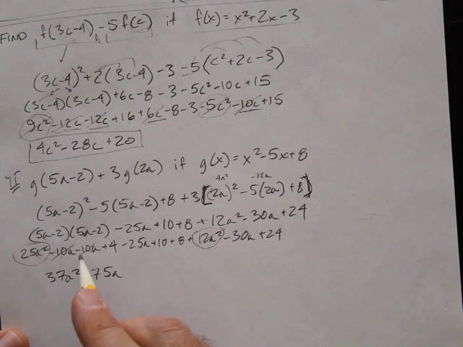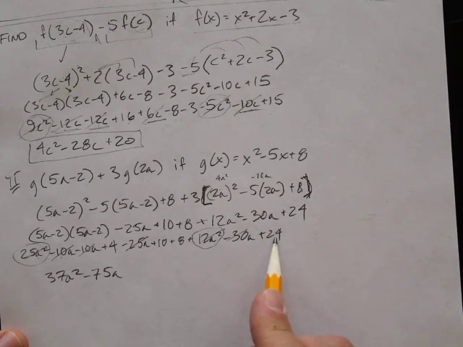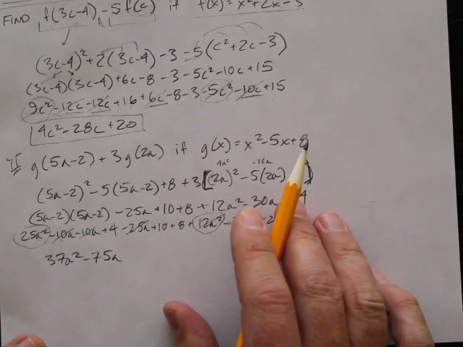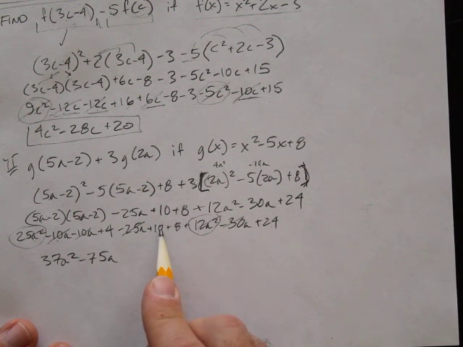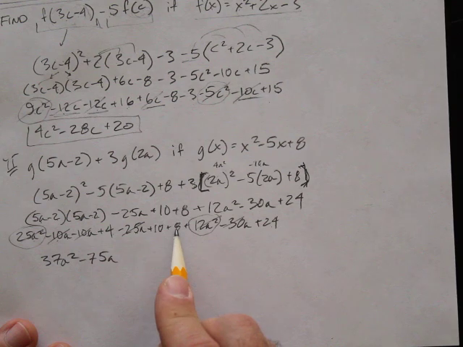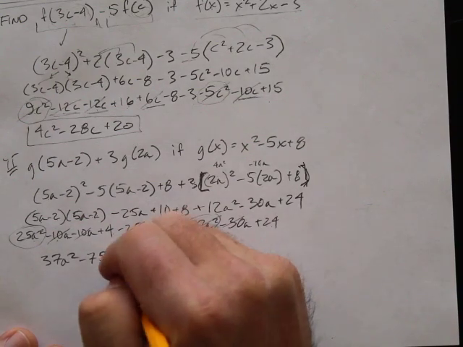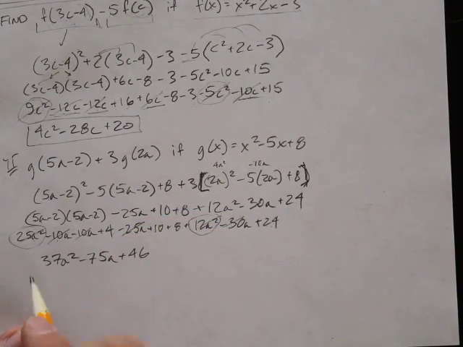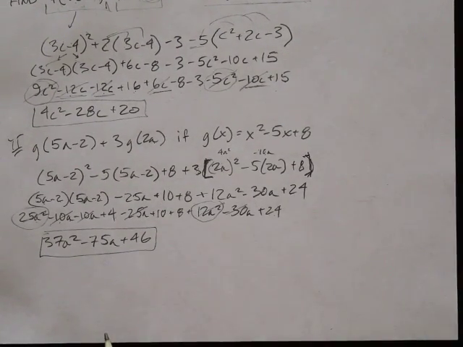So I've done all of those. Now I'm going to look at all of the numbers that don't have a variable. 4 plus 10 is 14, plus 8 is 22, plus 24 is 46. And I'm all done. There's nothing I can do to that.